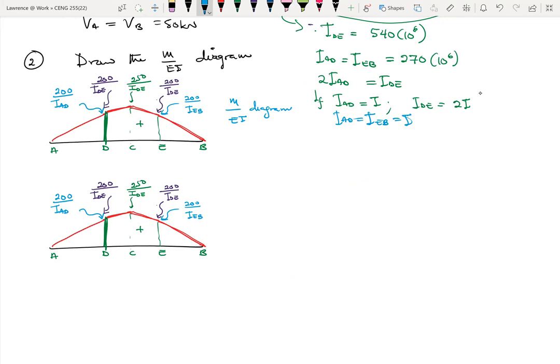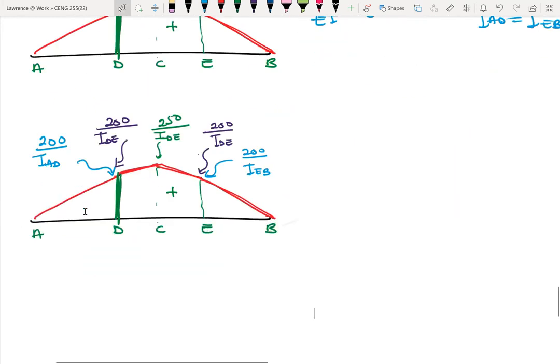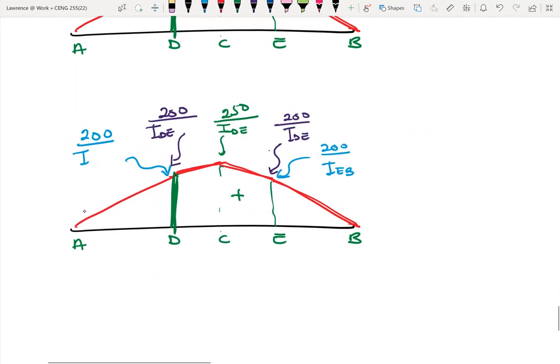And then wherever I see IDE, I can put in 2I. All right, so I'm just going to replace that over here for us to see. So my IAD is the same as IAB is the same as I.